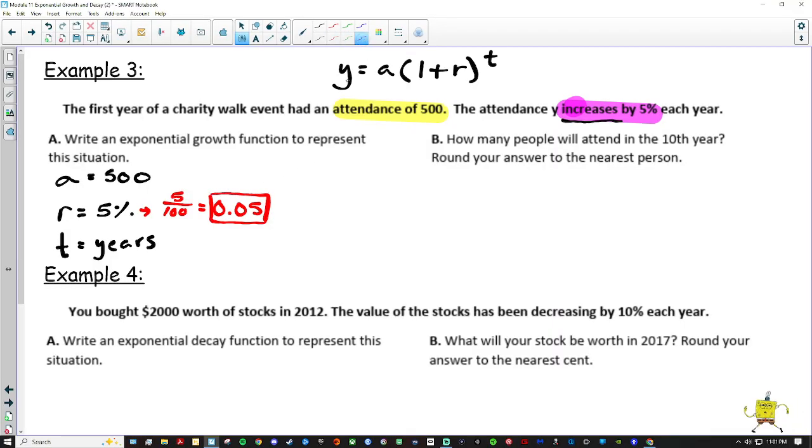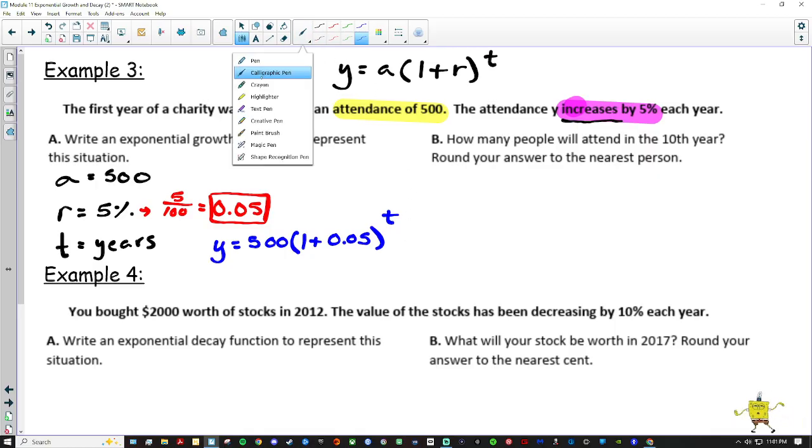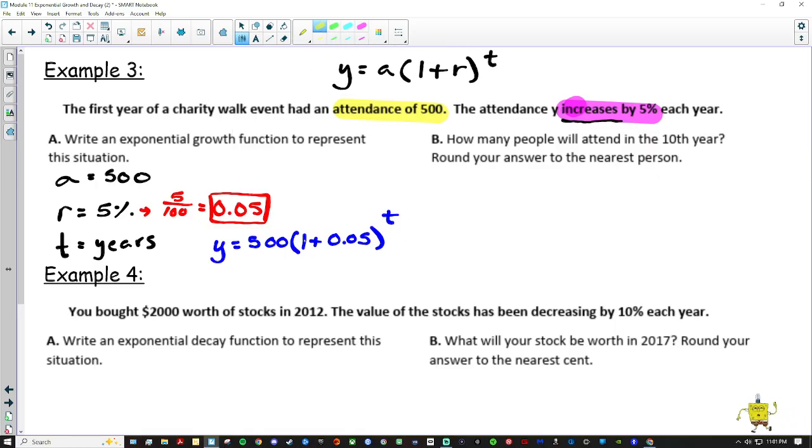So writing out my equation, I have y equals my start, which is a, 500, times 1 plus 0.05 to the power of t. Okay, and now all we're going to do is we're going to simplify this by actually adding these together.